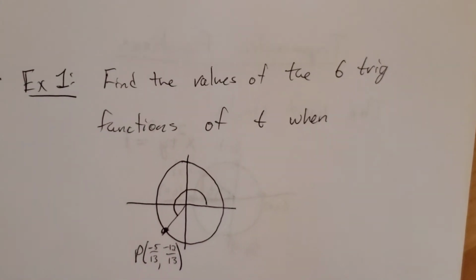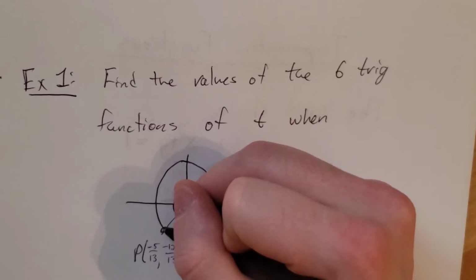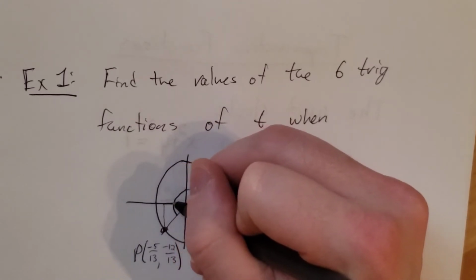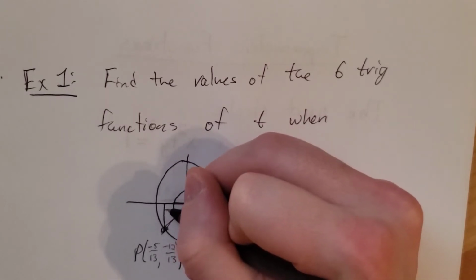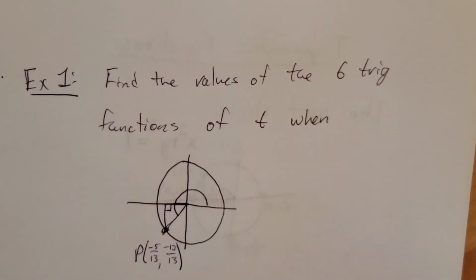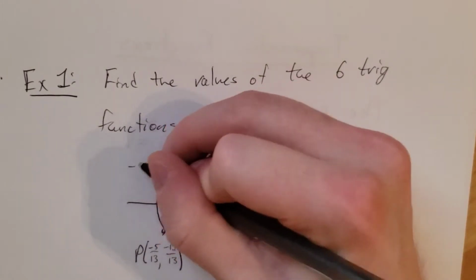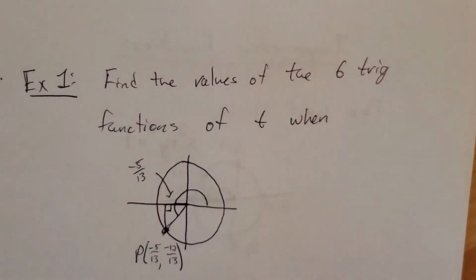What I'd like to remind you is there is a triangle here. Let's see what that triangle is. That triangle is right there. It is a right triangle. The x value is negative 5/13. The y value is negative 12/13.